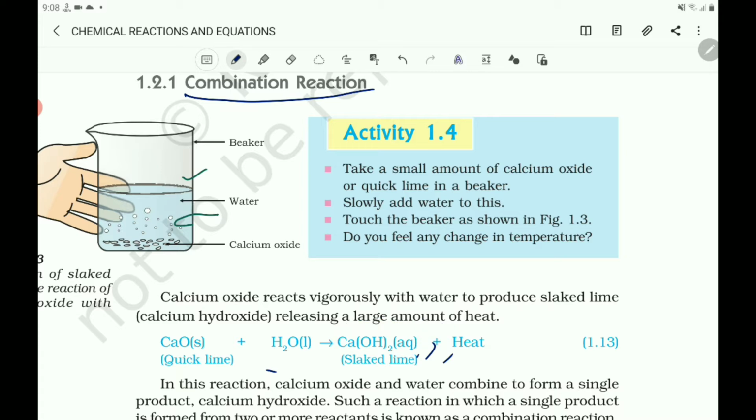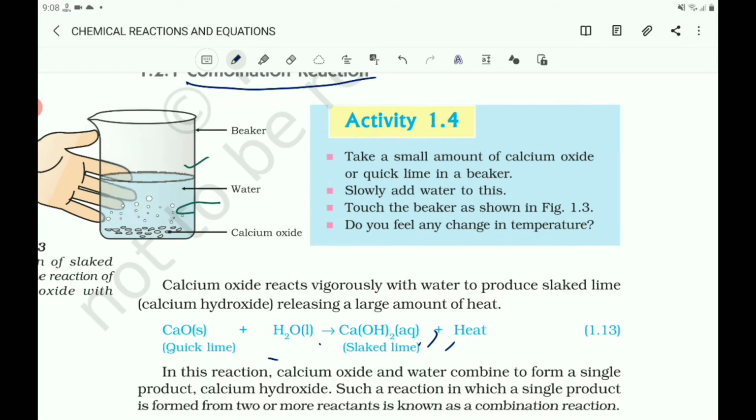But on the reactant side, two or more reactants will be there. So the chemical reaction in which two or more reactants combine to form a single product is called combination reaction. You can give more examples.